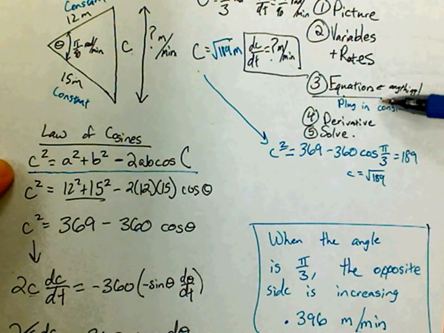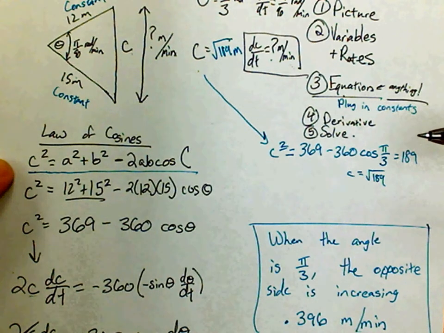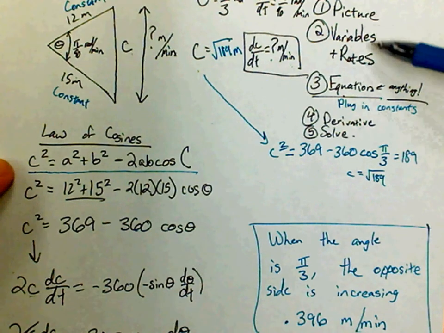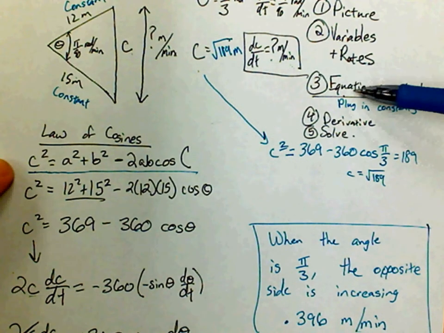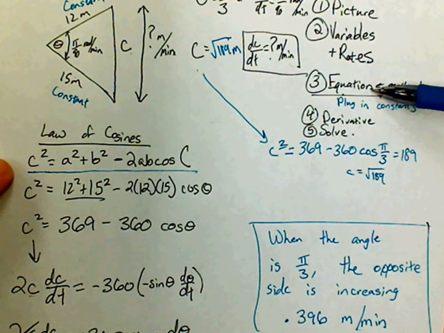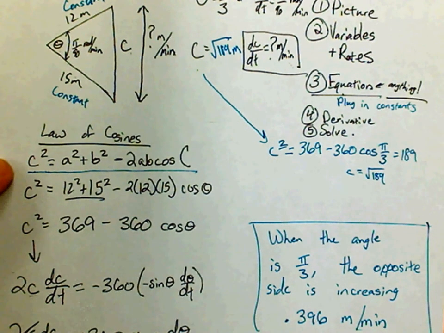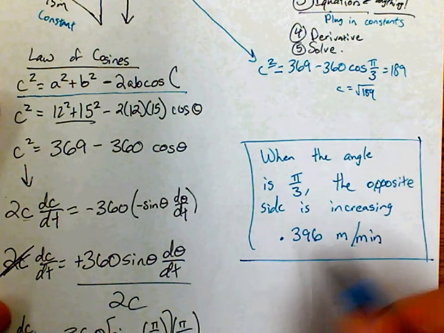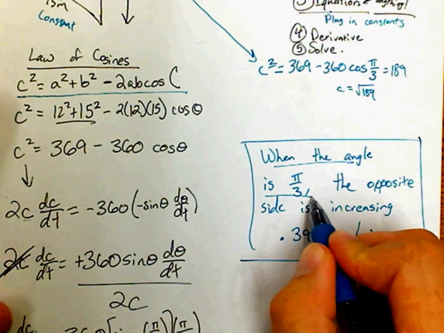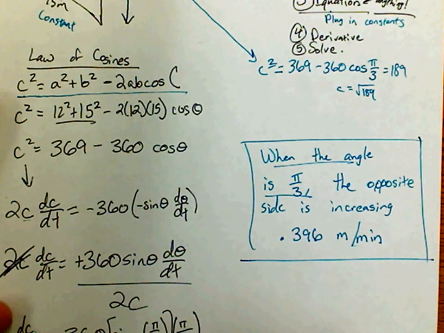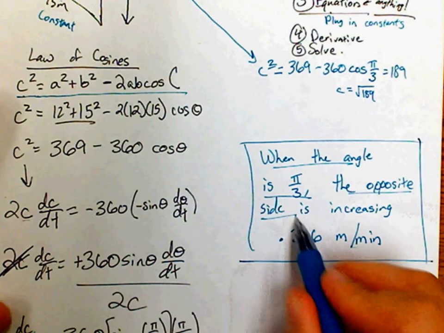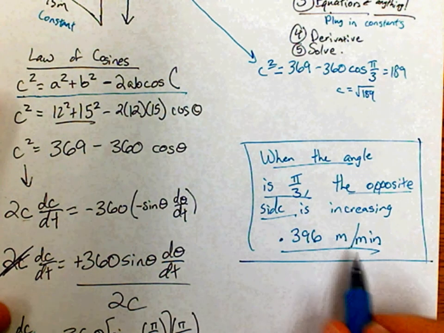So find some more, find some different kinds of problems, draw some pictures, practice figuring out what the variables and the rates are, and practice connecting them with an equation. There's only so many different equations that you can be asked, but you won't know that unless you practice a bunch. So in this case, we have our answer in context. The answer says when. My answer is important when the angle's pi over 3, because that's all they gave me to go on. What is changing and how much? Gotta have those units. All right, guys, good luck.